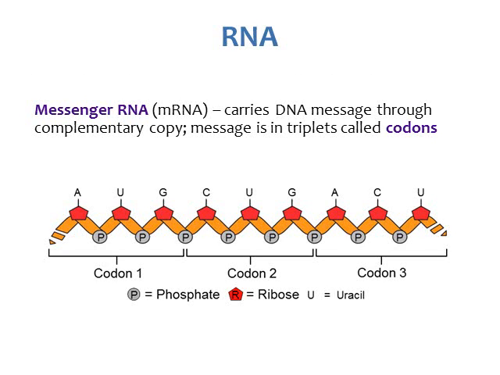So messenger RNA, our first type of RNA, the mRNA, this is the molecule that carries your DNA message through a complementary copy. And this message is carried in triplets called codons. If you look at the picture, we have a bunch of nucleotides in a row making up this RNA molecule.